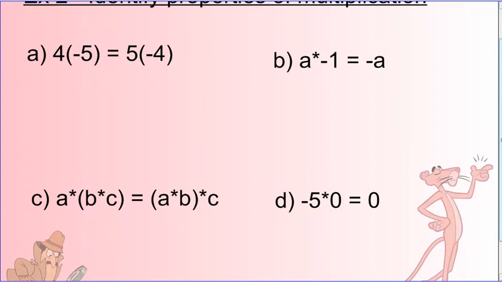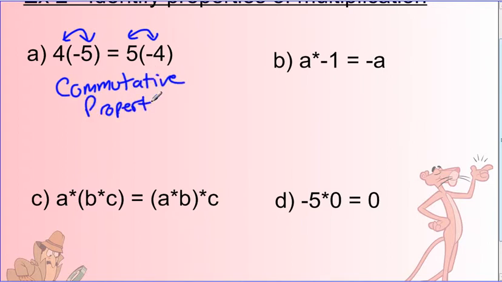So the first one here we have is this moving property. Do you remember the moving property's name was? It was the commutative property of multiplication.